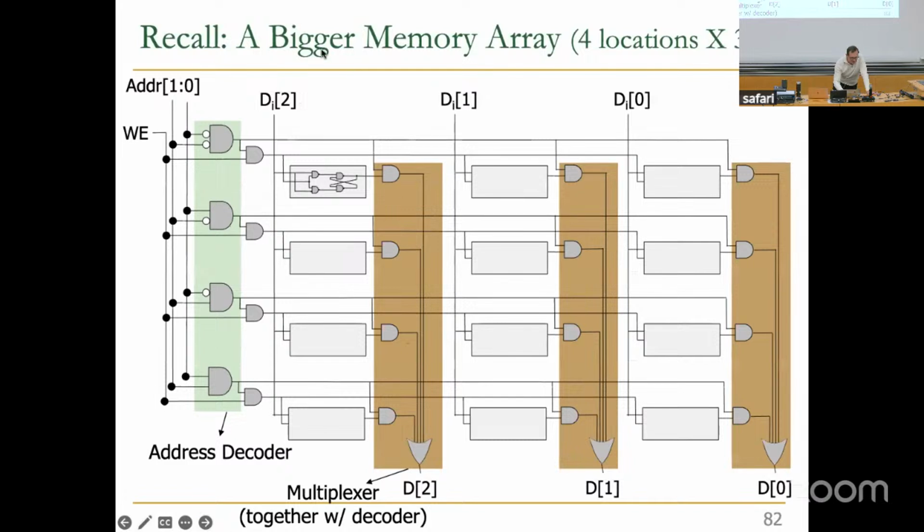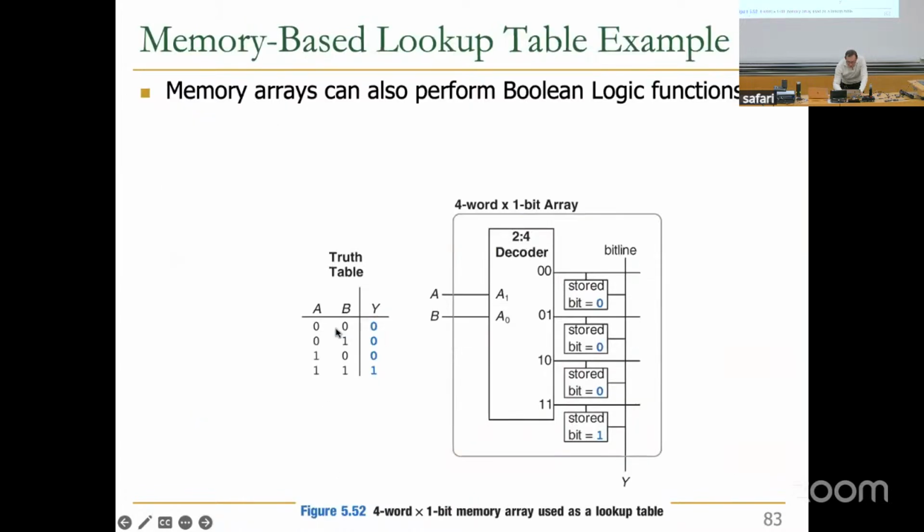I think my picture is better than your book's, frankly, because you can just ignore these 2 parts over here. Essentially, you can implement the truth table by storing the right bits initially over here, meaning this is your truth table. If the address is 0, 0, your output should be 0.